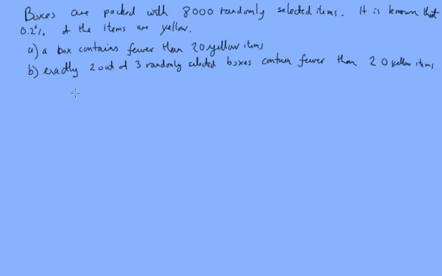Okay, so this is a binomial distribution where we've got 8,000 is our value for n, and our probability is 0.002. This is that divided by 100.